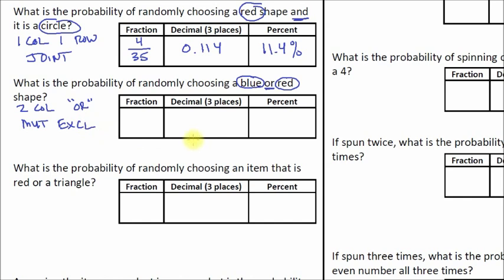So mutually exclusive. Now mutually exclusive also uses the grand total. All we got to do is figure out how many things are blue or red. Don't let the word shape throw you off. Shape just means it doesn't matter what it is. It's not saying circle or triangle. These are all shapes in this bag.